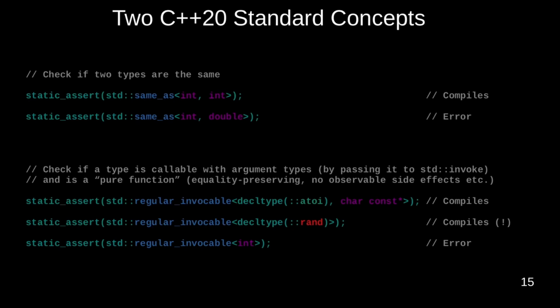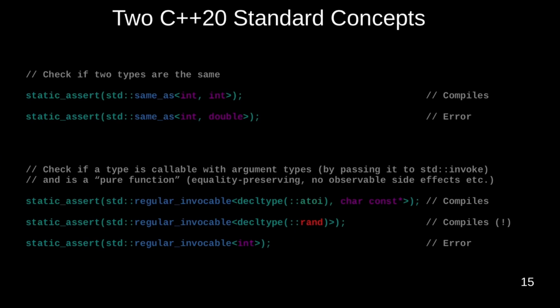So you get a uniform, kind of ugly syntax, but still it makes the code a lot easier to use. So that's why it's called invocable. Technically what it checks is, can I pass this to std::invoke and will it compile? So yeah, I hope that answers your question.